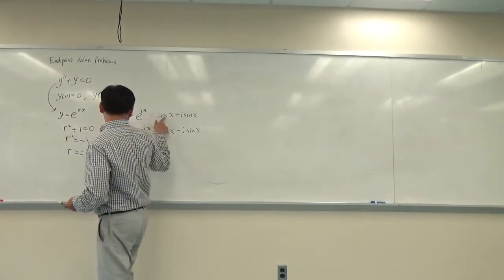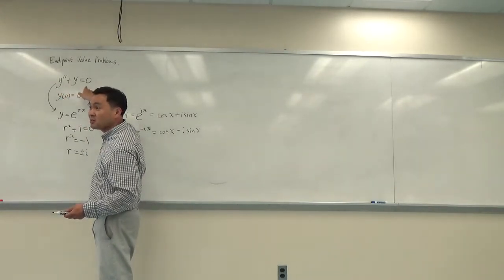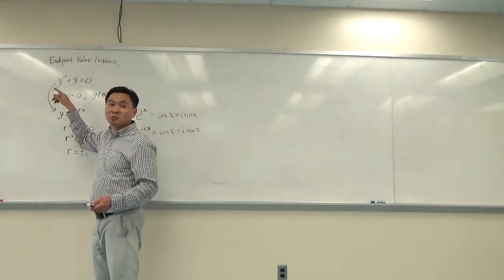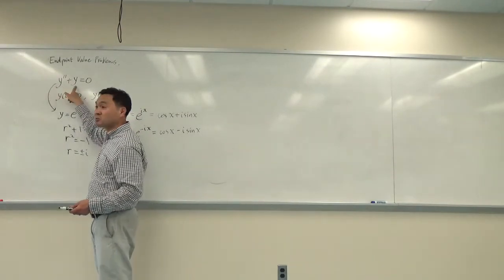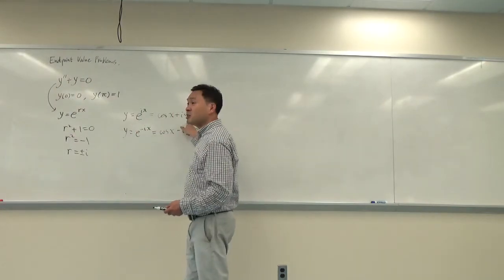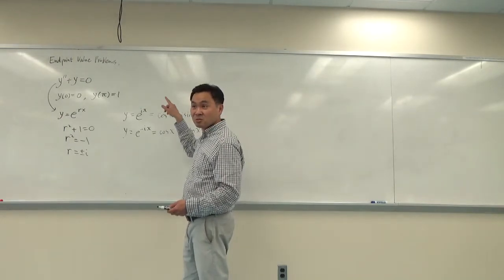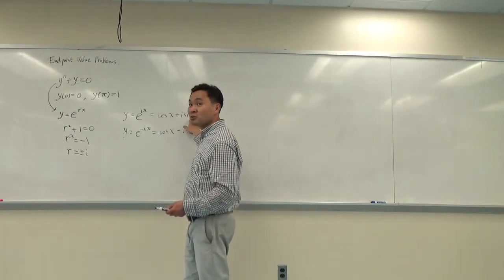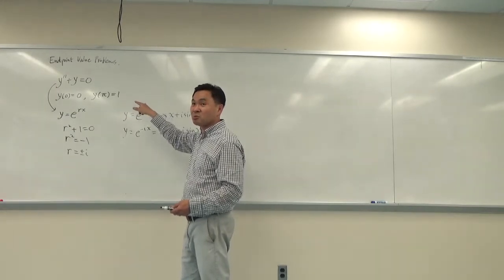We get cosine double prime plus cosine equals 0, which, by the way, is true. What's the second derivative of cosine? Negative cosine, plus cosine should be 0, right? Moreover, the imaginary part should also satisfy the same thing.